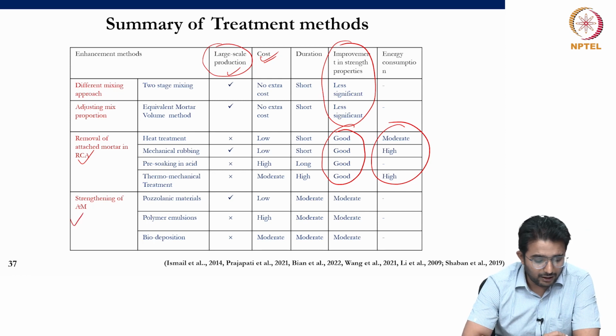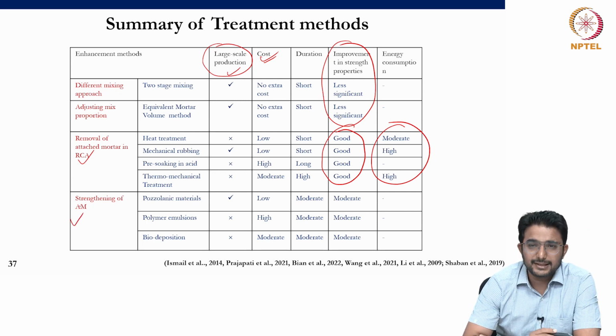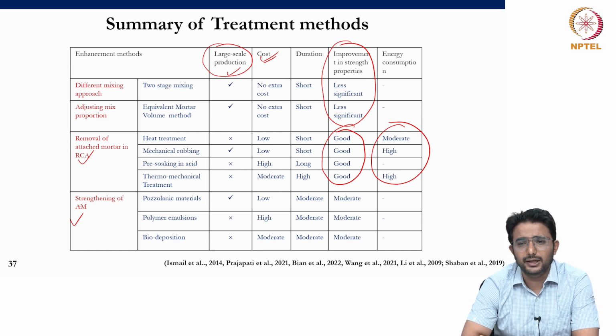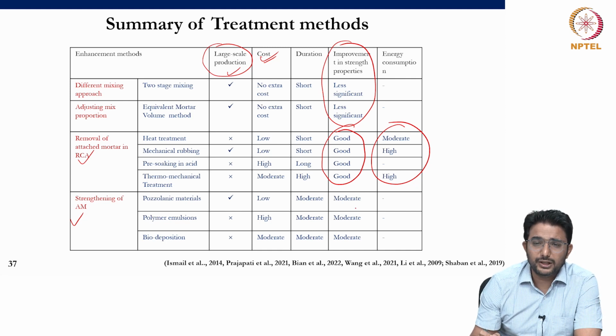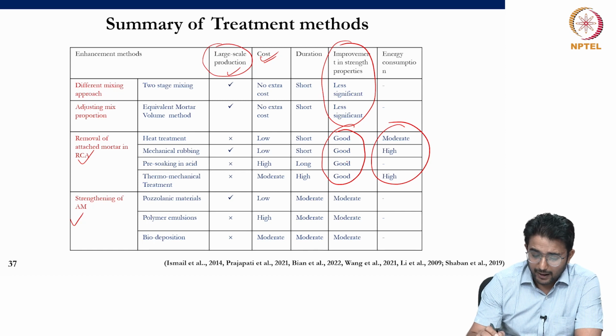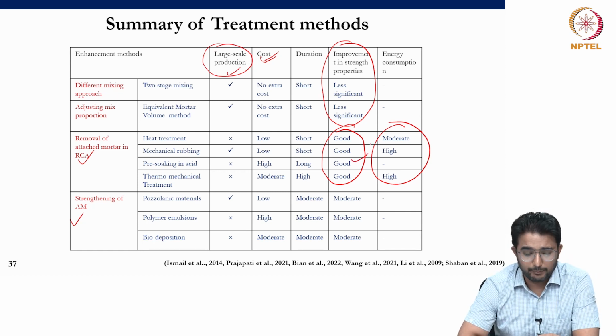On the other hand, if we address the added mortar directly by using slurry impregnation technique or any other material, then these techniques might not improve the strength of the concrete made with RCA as significantly as compared to where we are totally removing the added mortar.